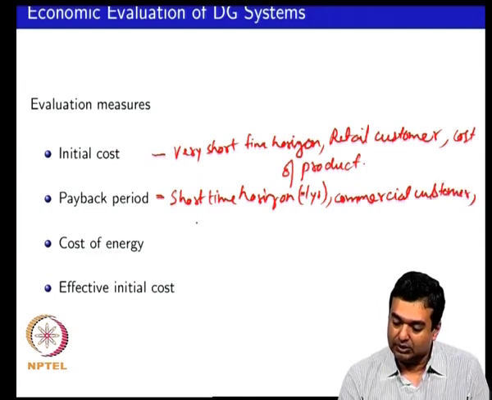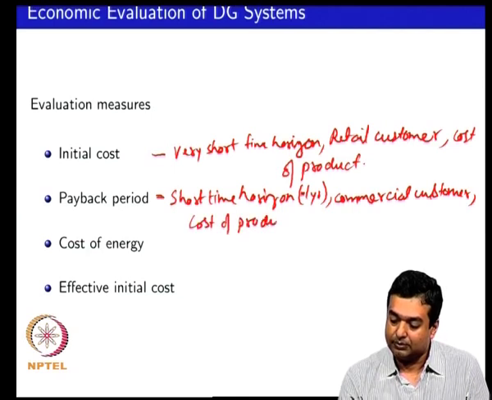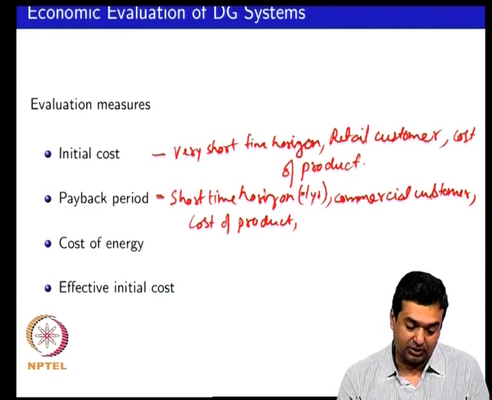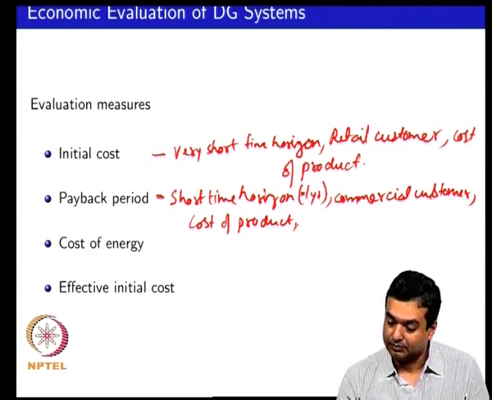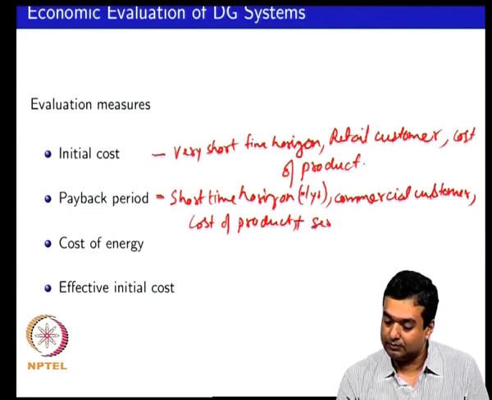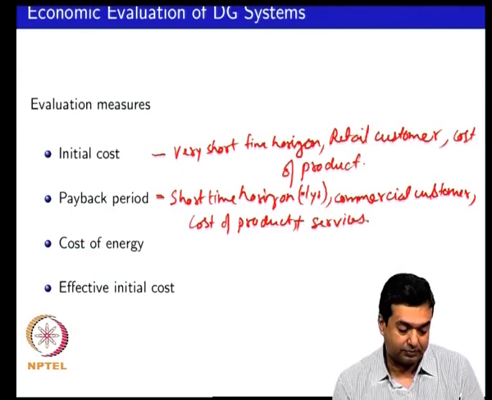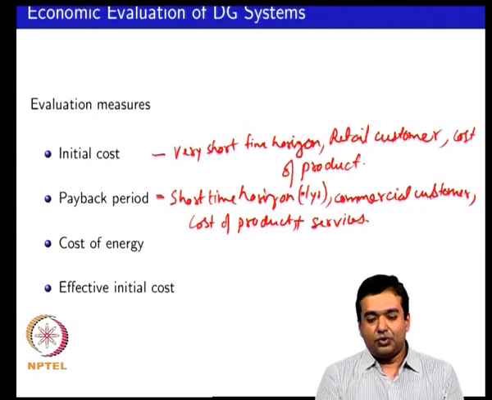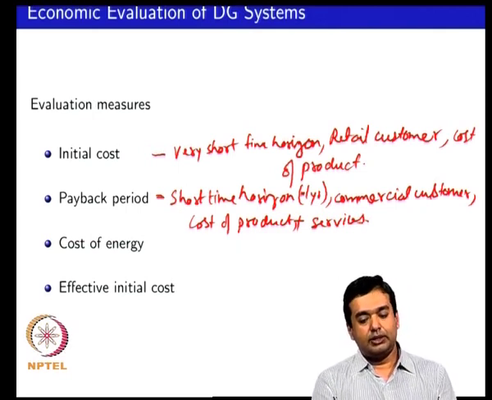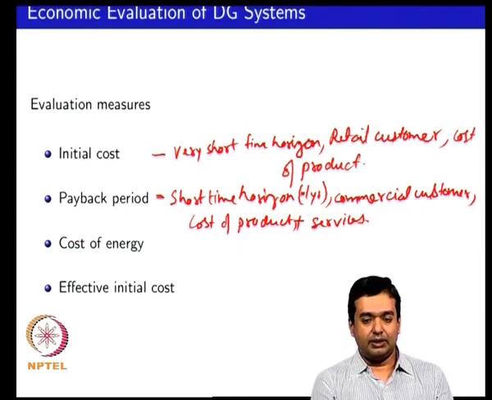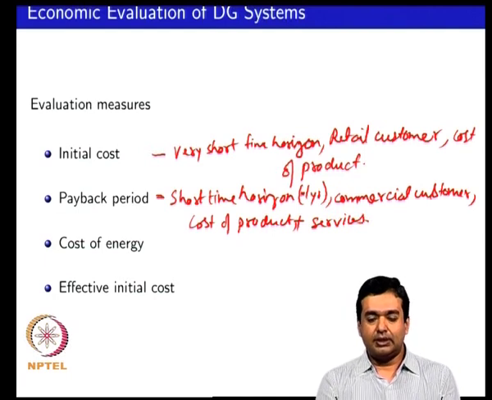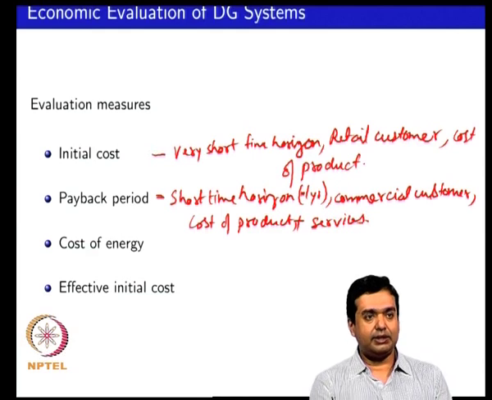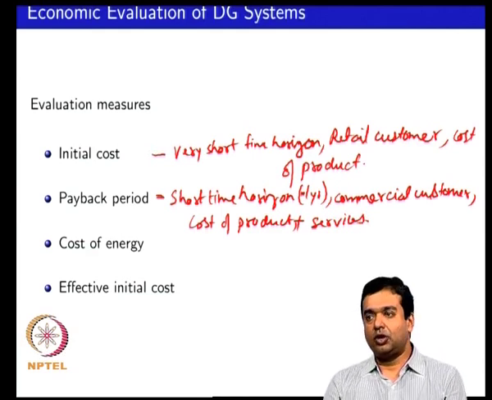Here you are looking at cost of product plus cost of services. Okay. Another way in which you could look at evaluating a system, especially a distributed generation type of system, is that you are actually generating energy, and you could look at the cost of energy.